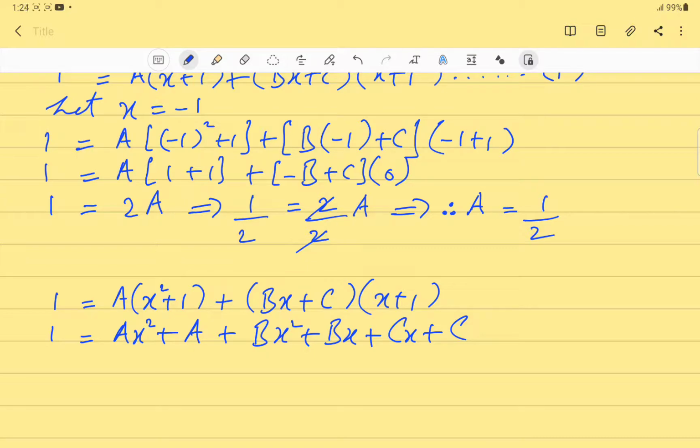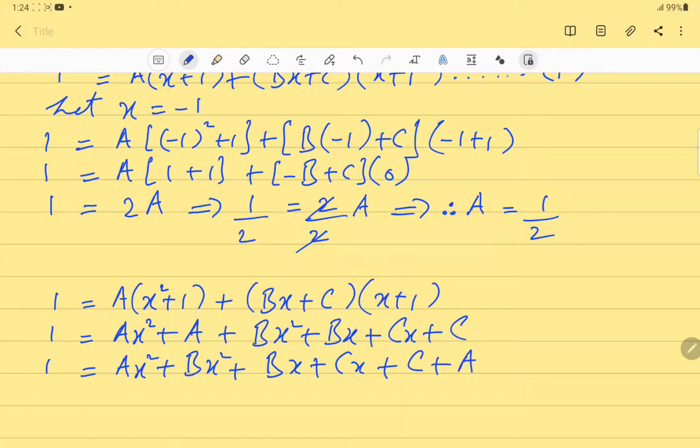Now we will group the terms which are with the same power of x. Ax squared plus bx squared plus bx plus cx plus c plus A. And instead of 1 we can write 0x squared because there is no x squared here, and 0x because there is no x here, and plus 1, so that we could compare it on other sides of the equation.